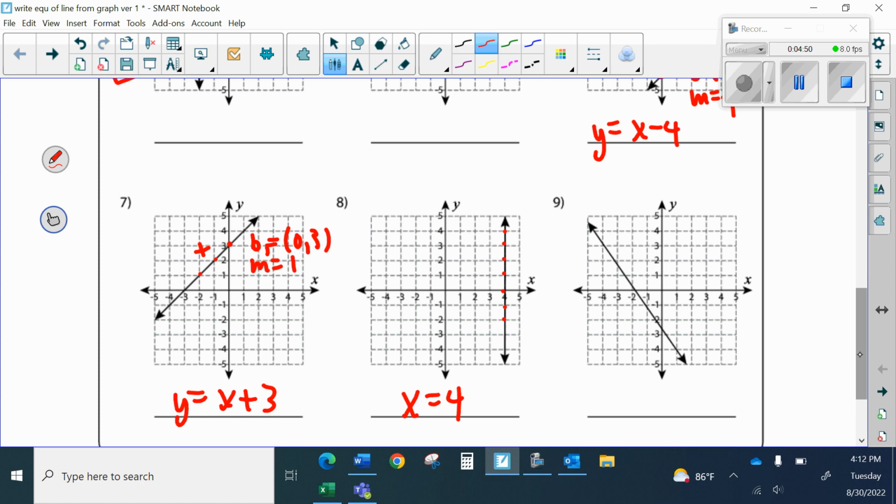And lastly, we have a negative slope, so we know it's going to be negative. Notice I can't see what the y-intercept is, so I'm going to have to look at using point-slope form. I need to find 2 points. There's one that crosses.